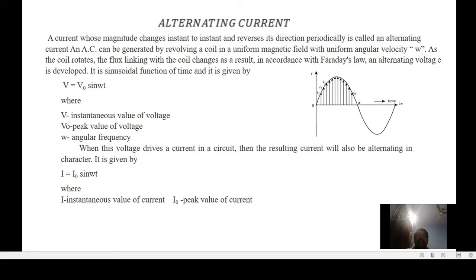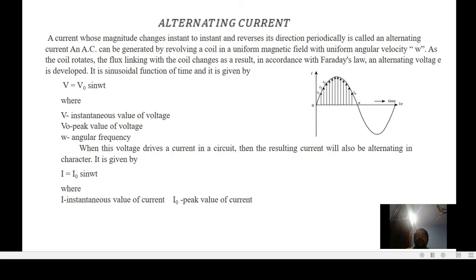Another basic disadvantage of the direct current system is the large amount of power lost due to the resistance of the transmission wires used to carry current from the generating station to the consumer.